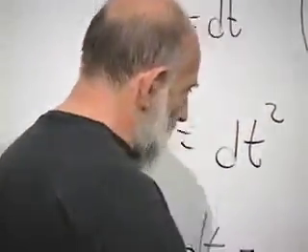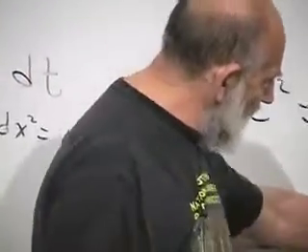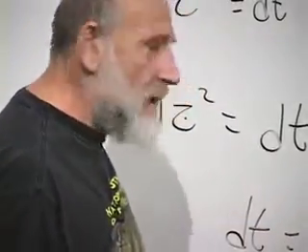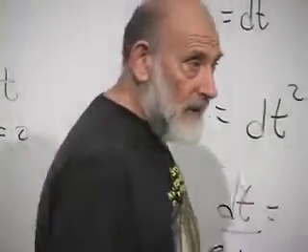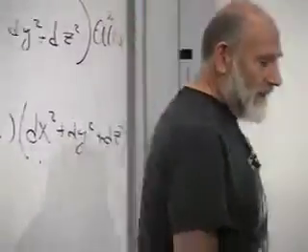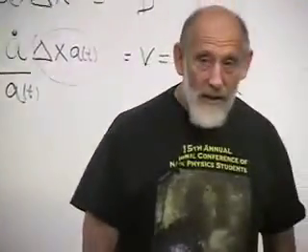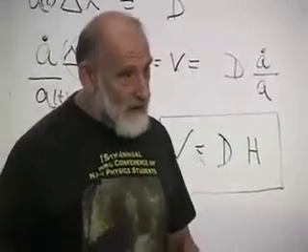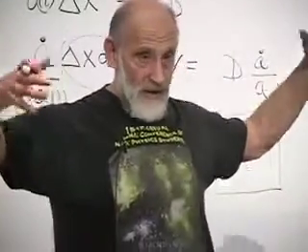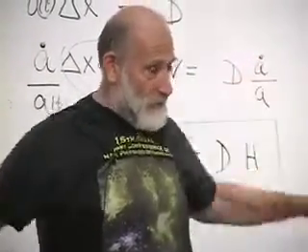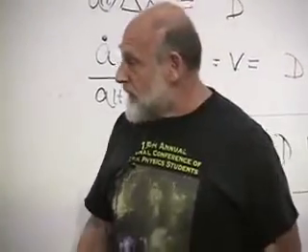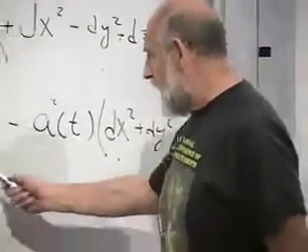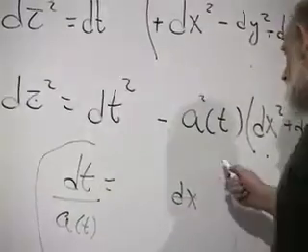This says that the velocity of the light ray, dx by dt, shrinks with time. Now, what's really going on is not that the light ray is slowing down, it's that if you go far enough away, things are moving out faster and faster. And so from your perspective, this is what a light ray does.